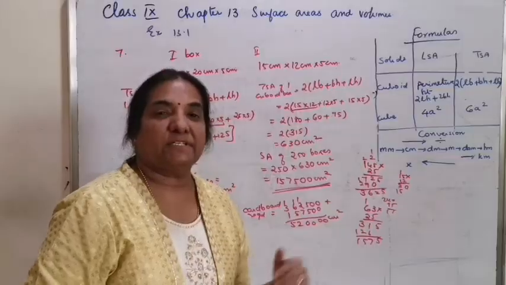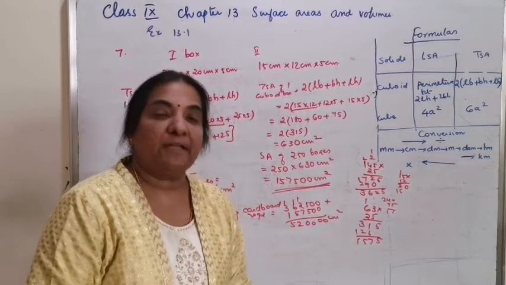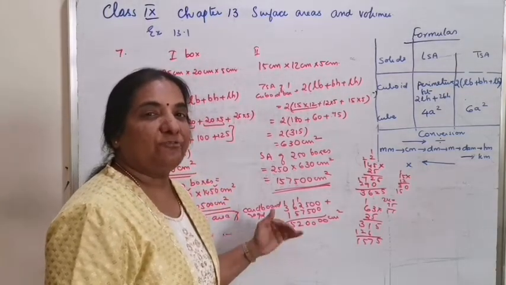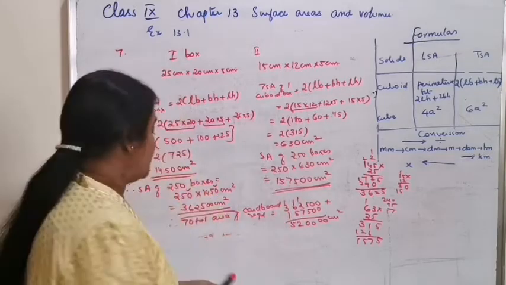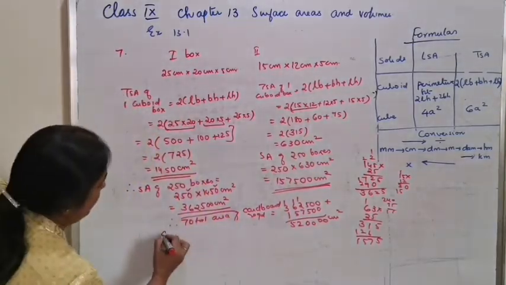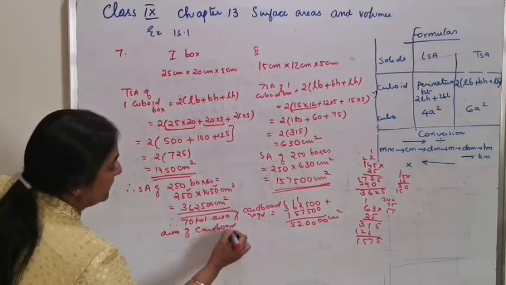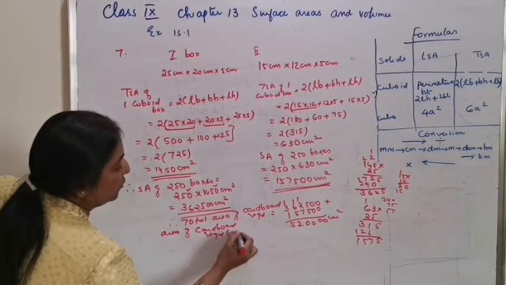Now, in the question it is said that 5% of this total surface area is required for the overlaps. So, what is the area of cardboard required for overlap?